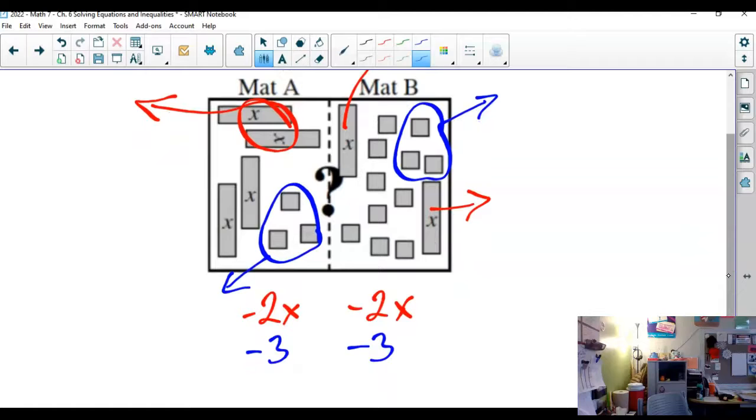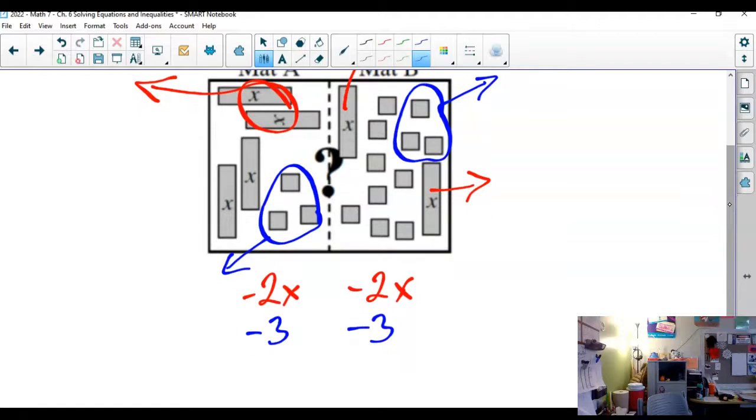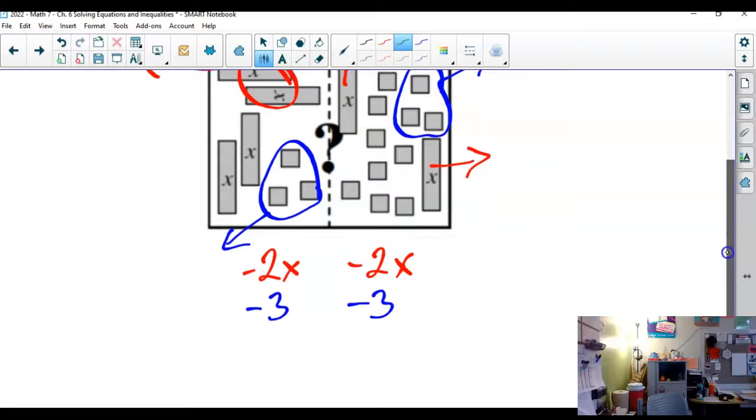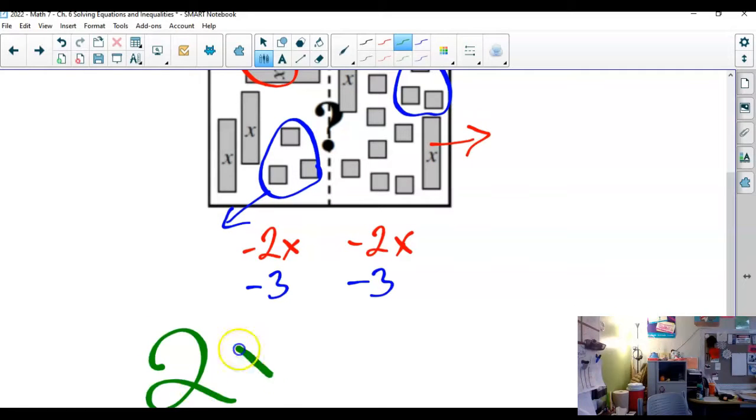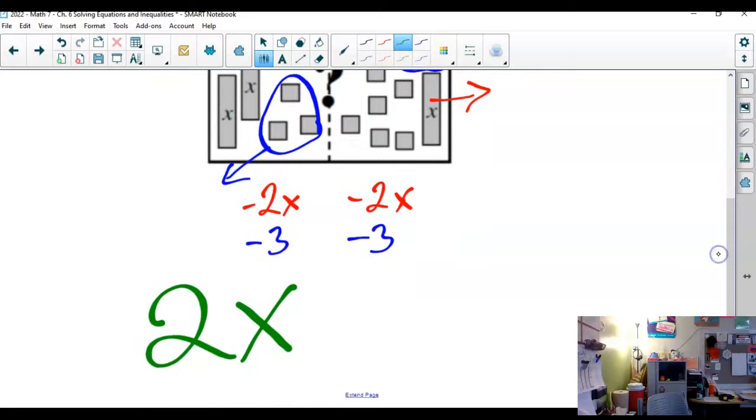Vincent, what do I see now? What's on my left side? 2x. Yeah, I got 2x now. And what do I have on my right side? 8. And what if I tell you these are equal?